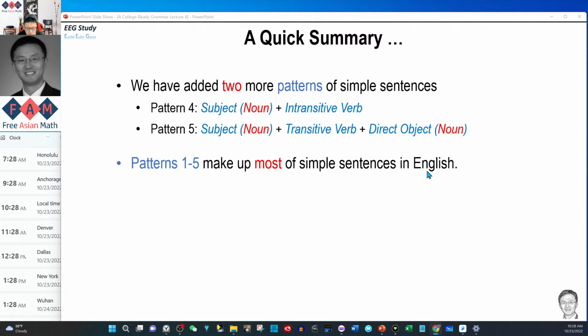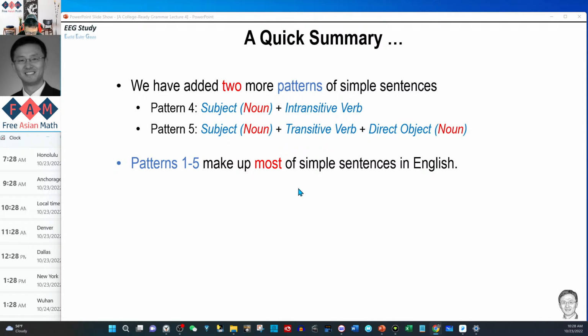Okay, so far we have seen pattern 1 through 5. They make up most of the simple sentences in English. There are more simple sentence patterns, but they are all some expansion of those 5, especially number 5. We will see how to expand pattern number 5 into more simple sentences.